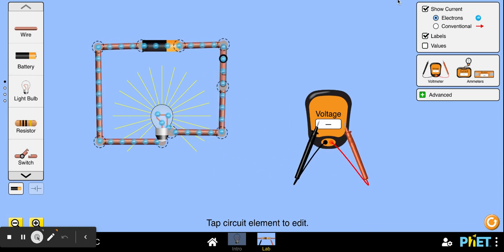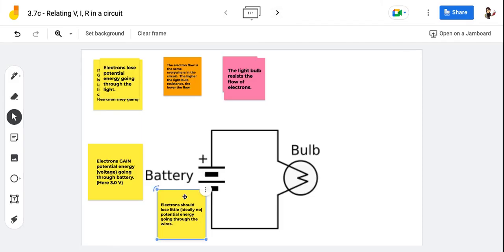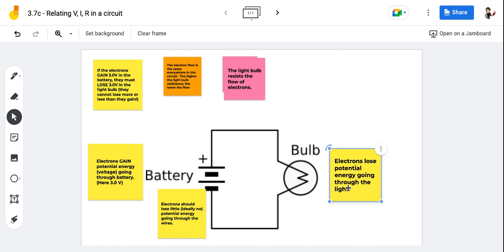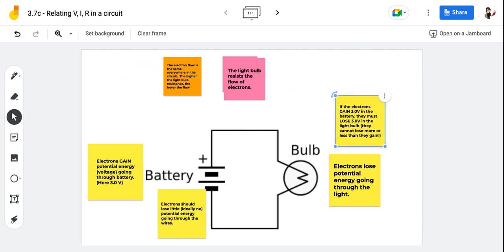Let's just update my Jamboard and say ideally those electrons should lose no potential energy through the wires. But when they get to the light bulb, they lose their potential energy as light. And whatever I start with in the battery, I should lose that same amount in my loads.